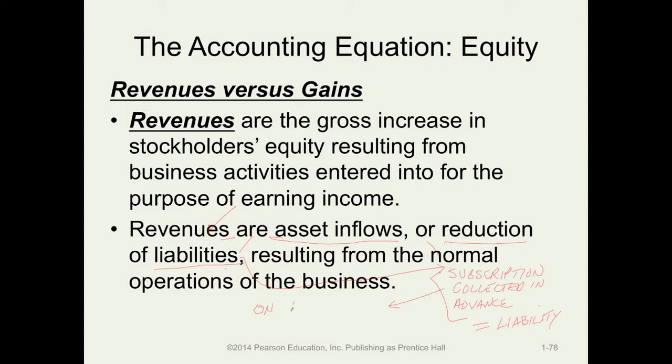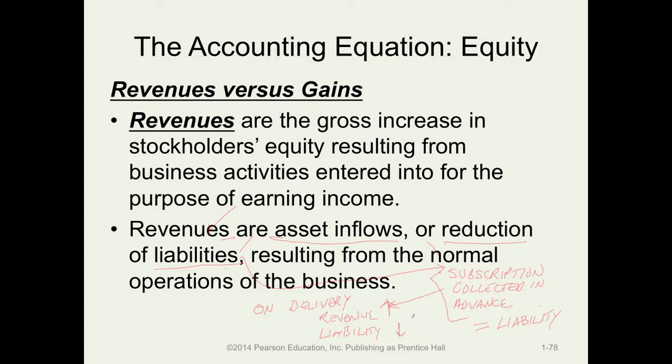So on delivery, and that delivery could be online, that delivery could be in the mail, revenue goes up and the liability goes down. Okay.